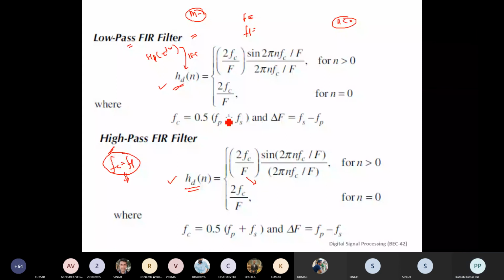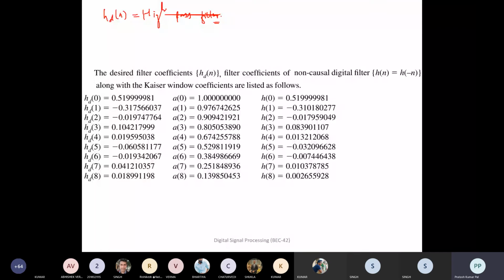By putting the values into Hd of n, whatever expression we get, we will put in n equals 0, 1, 2, 3 up to, let's say if M is 19, up to 9.